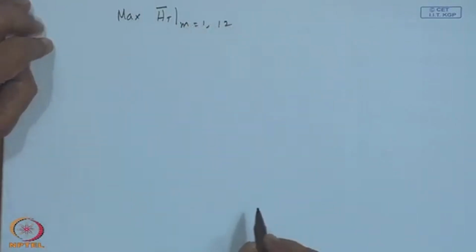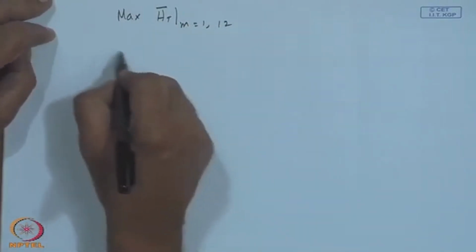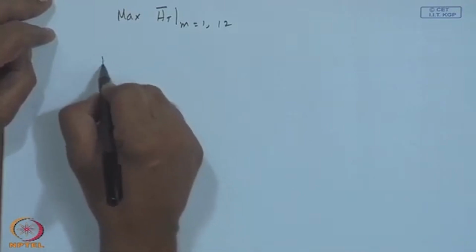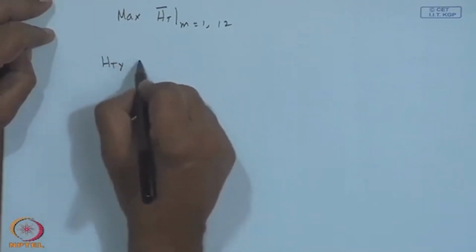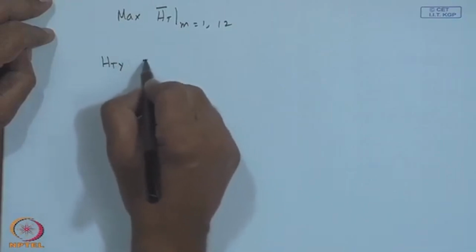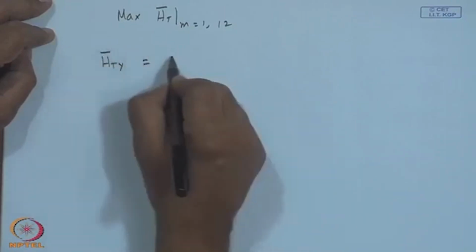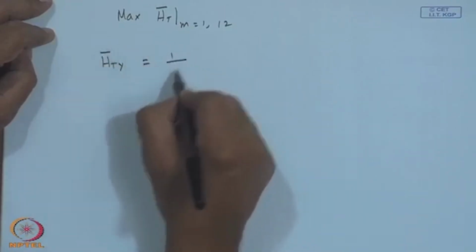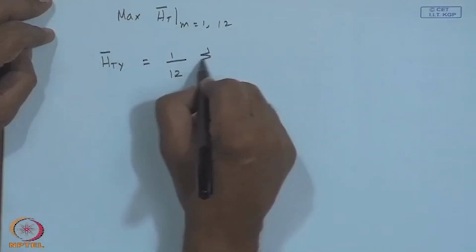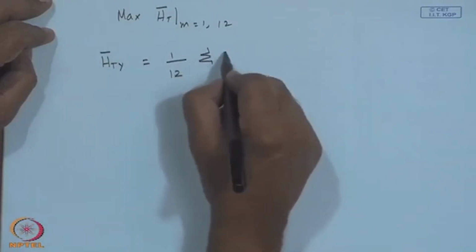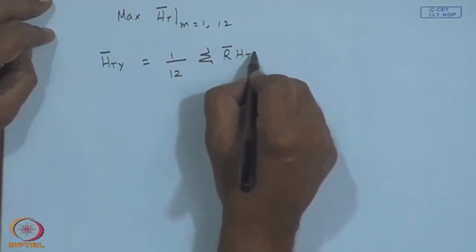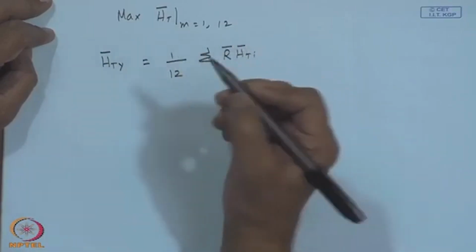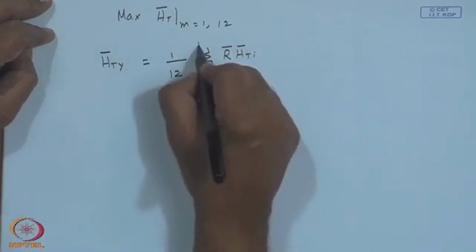Okay. So, technically we can find out HT y total or average, does not matter, 1 upon 12 sigma of H T bar for the month, and 1 to 12.